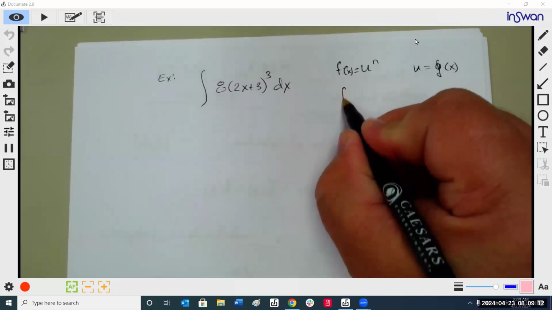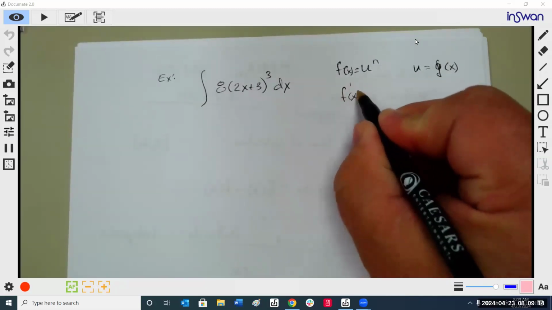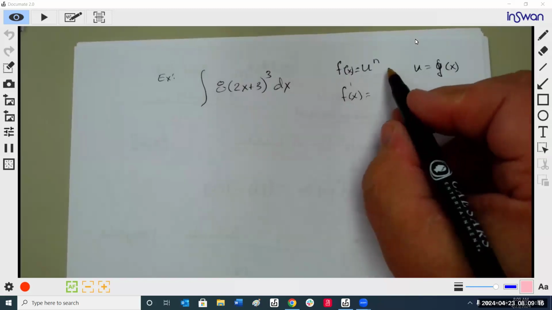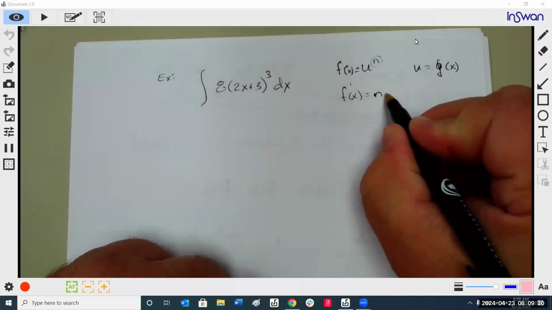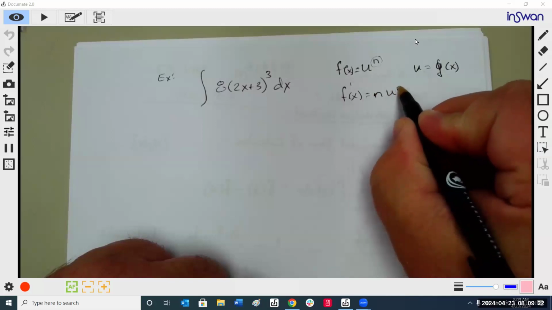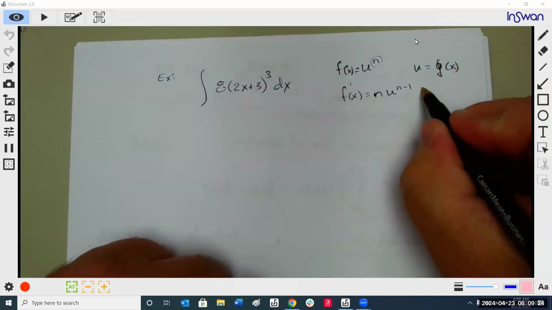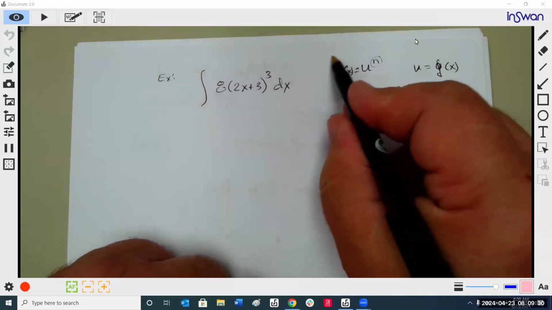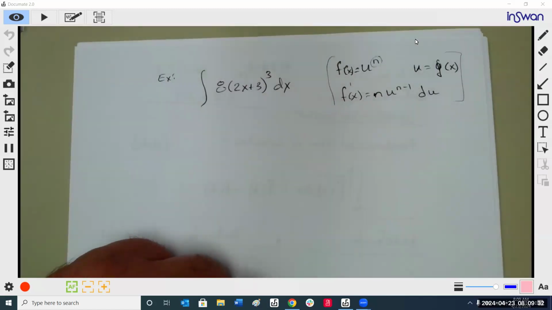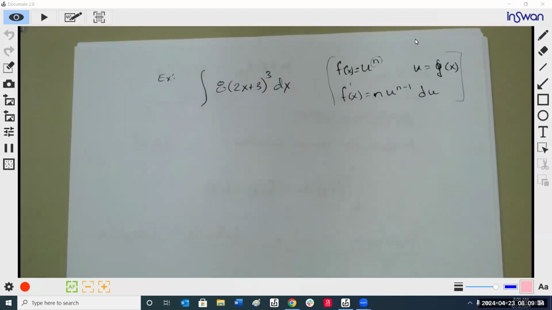The chain rule says take the derivative of the outside times the derivative of the inside. That's what we just did. This gives us our derivative. So what we have to do is go backwards.